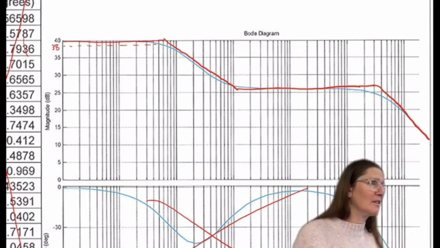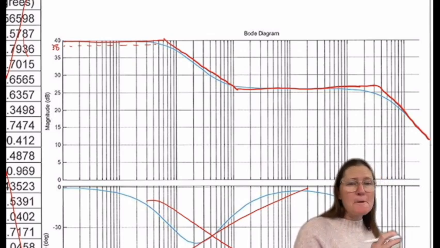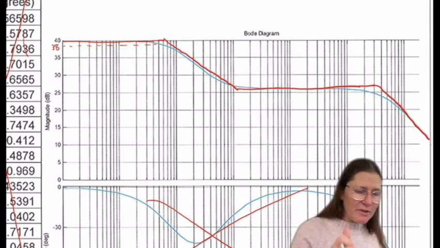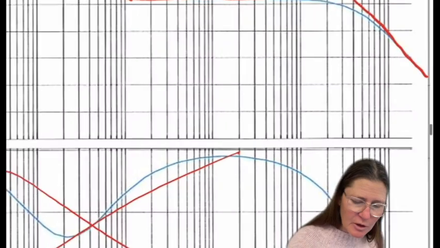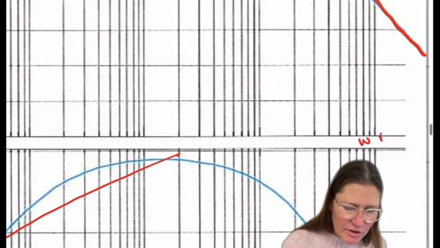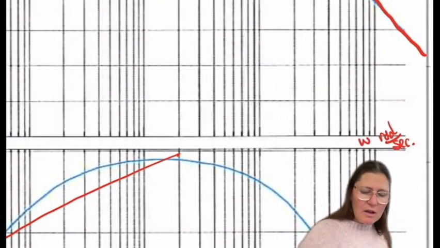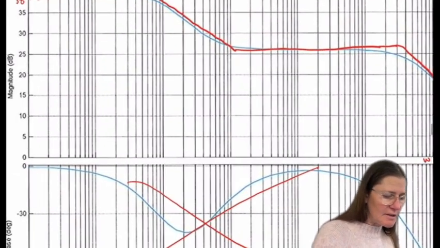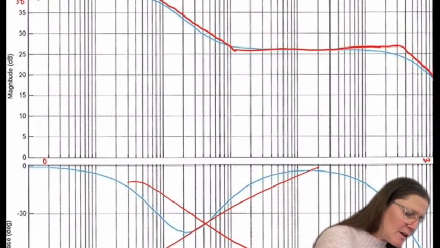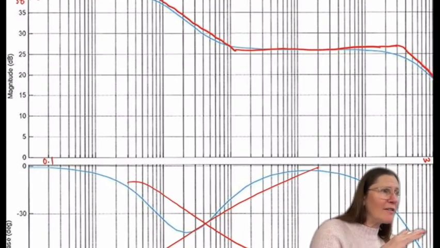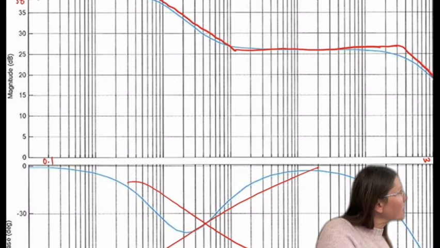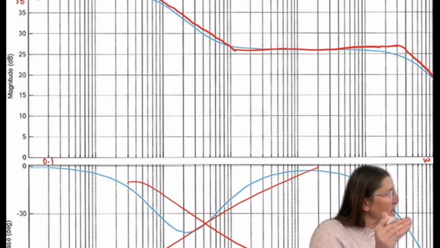Okay. So along the bottom of this graph, this is in omega, which is radians per second. And so for different omega, you have a semi-log graph here. And on the bottom side is going to be in decades.